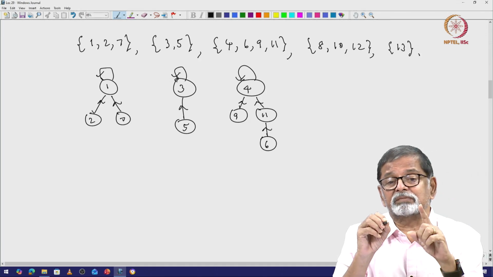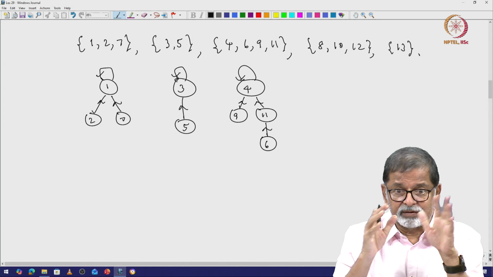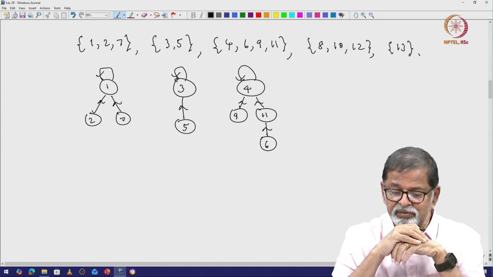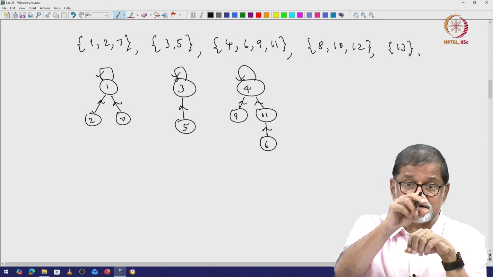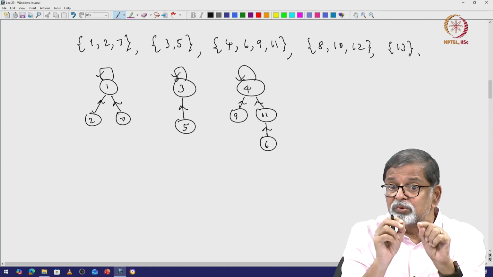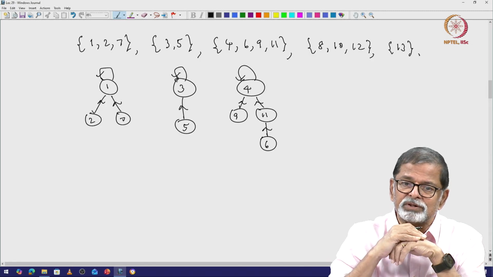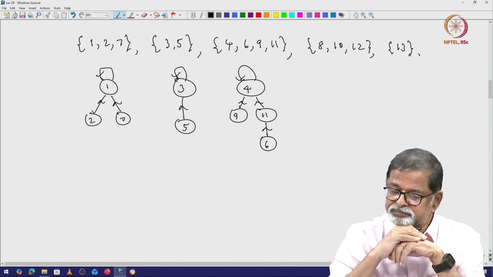You can see I am allocating one value per node, and for each set there is a tree, and the name is placed at the root. The root is a distinguished node. Only the root has got a self loop. All others have got their parent referring to some other node.